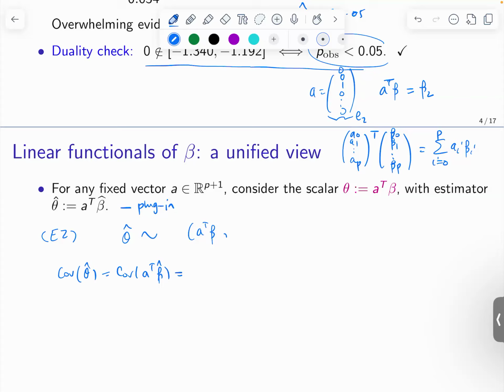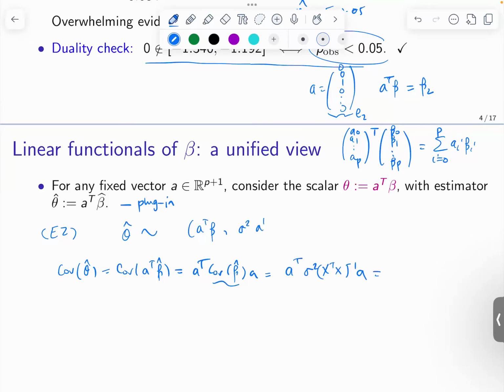So you have A transpose covariance of beta hat times A. And the covariance of beta hat is sigma squared (X transpose X) inverse. It's not S squared, it's sigma squared, the true covariance. So sigma squared comes out, and I get sigma squared A transpose (X transpose X) inverse A.